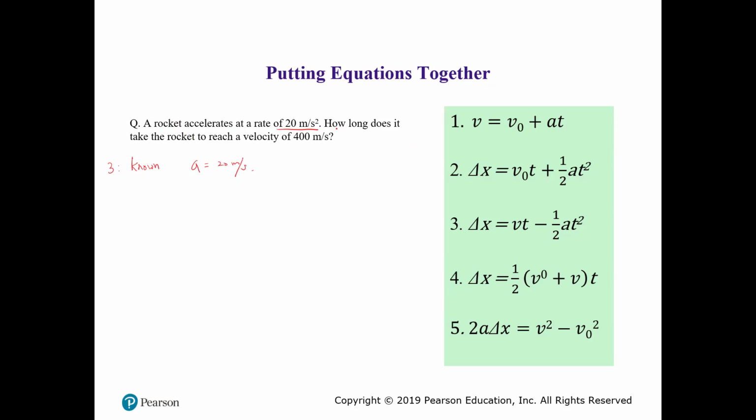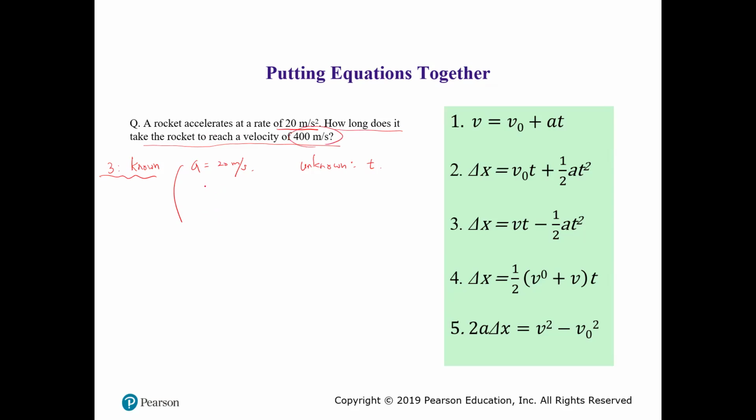And then, how long does it take the rocket to reach a velocity? So how long? Basically your unknown that you're looking for is a time. And again, you must have 3 knowns, so you must have the other 2 knowns, right? The easiest one you can find immediately is what? 400 meter per second.